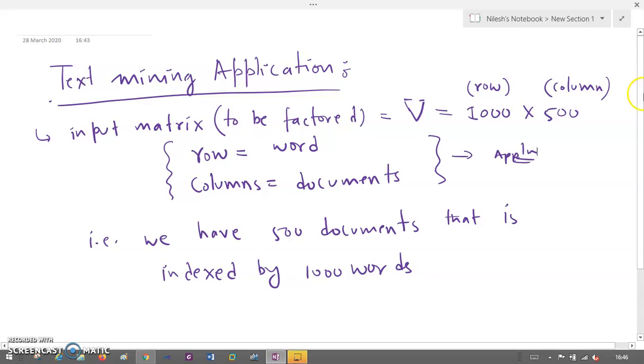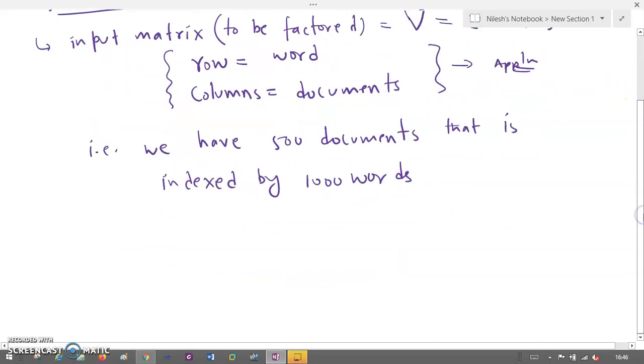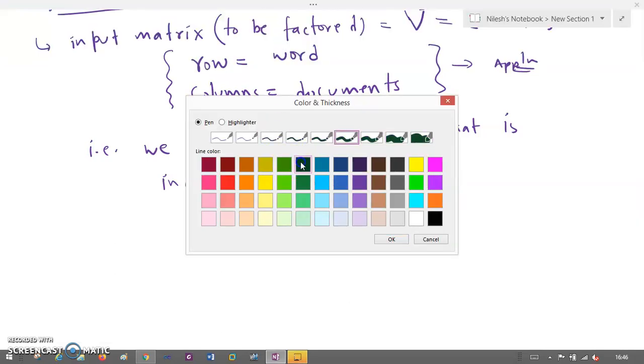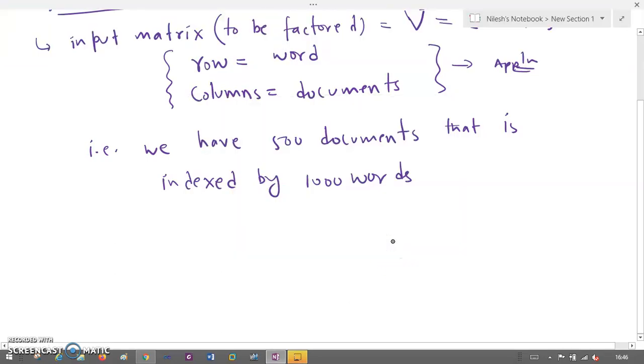And if I want to see the matrix visually, then let me change the color here, and I'll draw that matrix. So this is my input matrix V, and it looks like this.